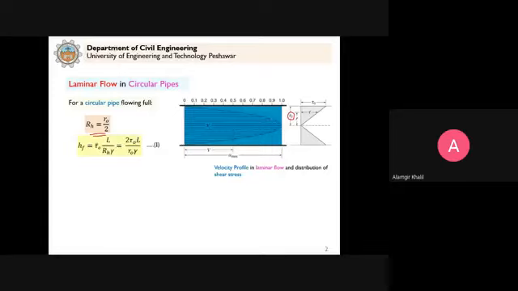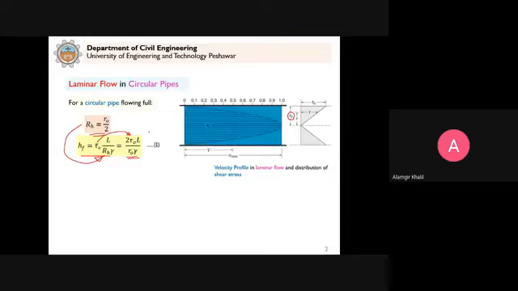Now we already studied before that the head loss due to friction is given by this expression. This tau naught bar, we can replace with tau naught here. So we replace this with tau naught, and this RH that we can put here, and we get this value.